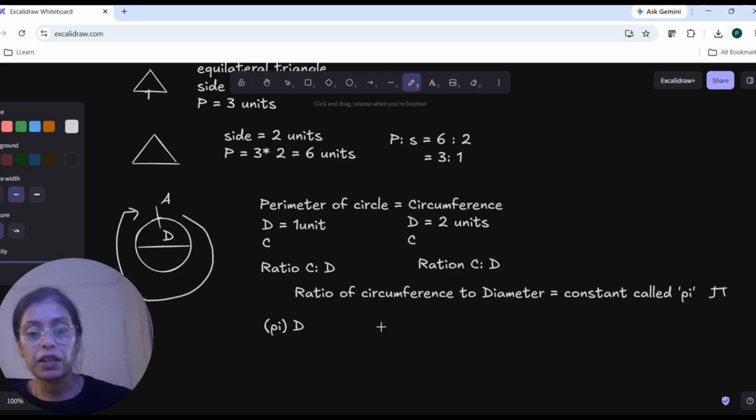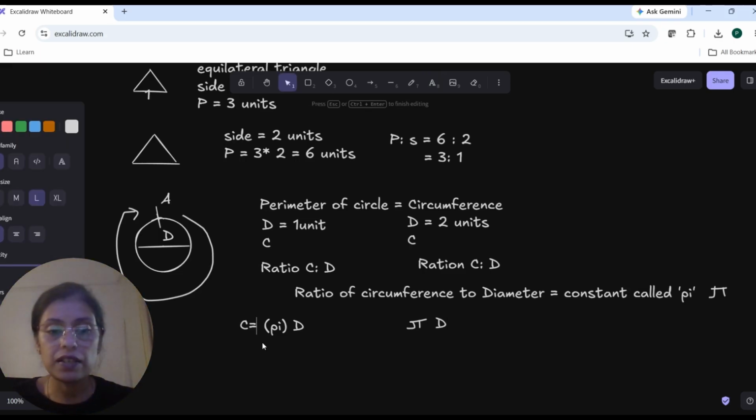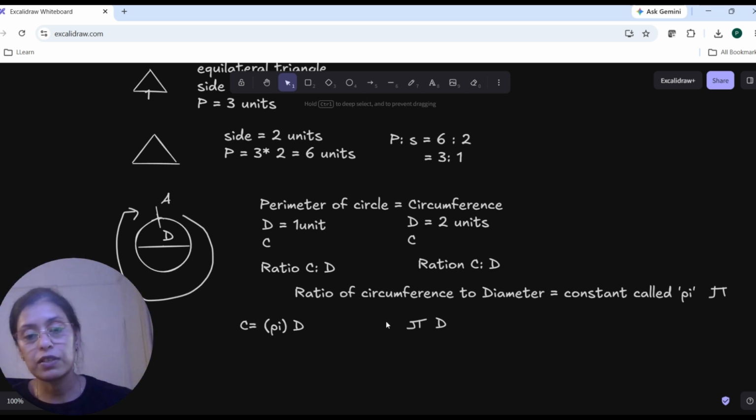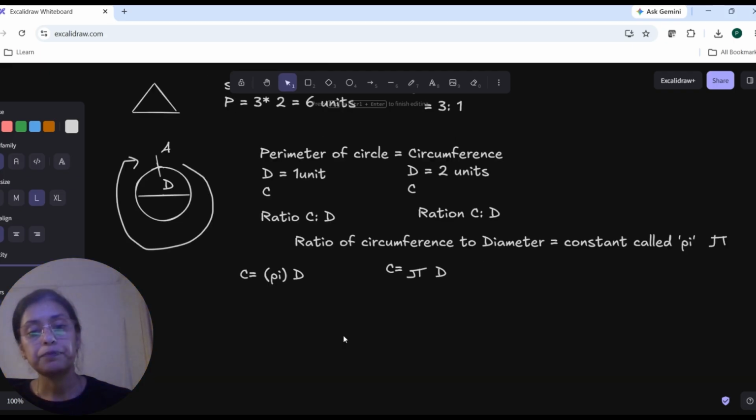Or if we make the symbol, it will be pi d. So C is equal to circumference. Circumference is equal to pi into d. Now, what is the value of pi? They also had to find out the value of pi, right?